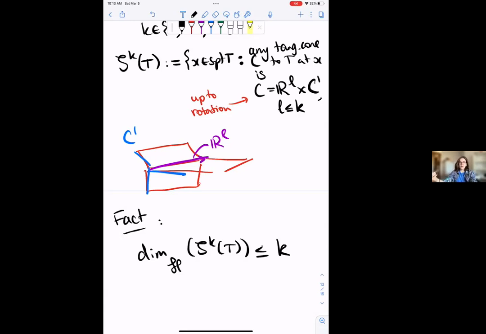Okay, so the importance of this stratification of Almgren is that it tells you that, in order to get the finer dimension estimate on the singularities, it's enough to just look at the points in the top few strata.